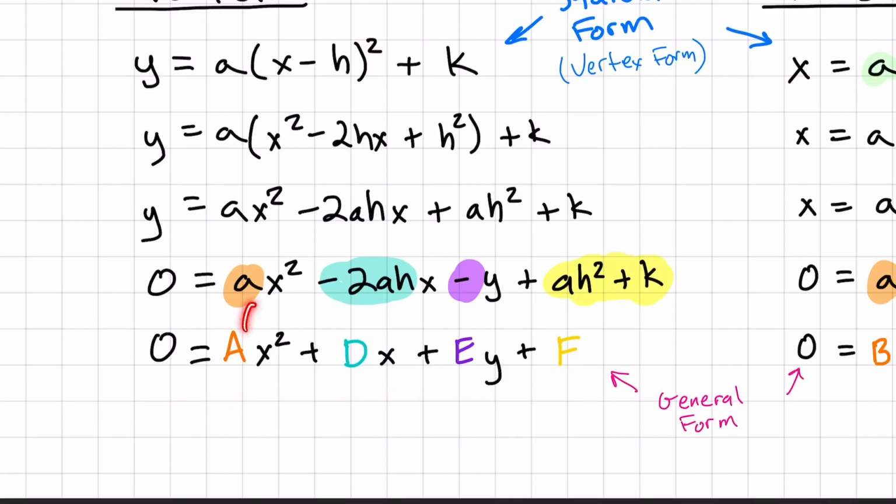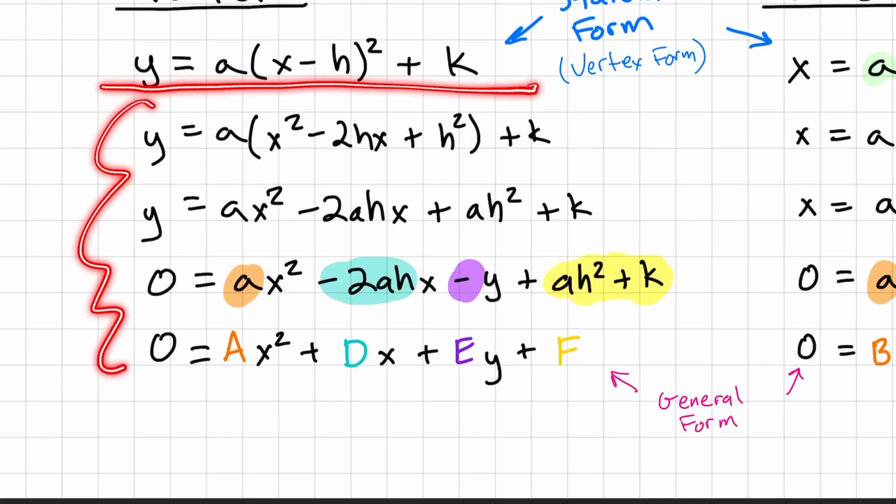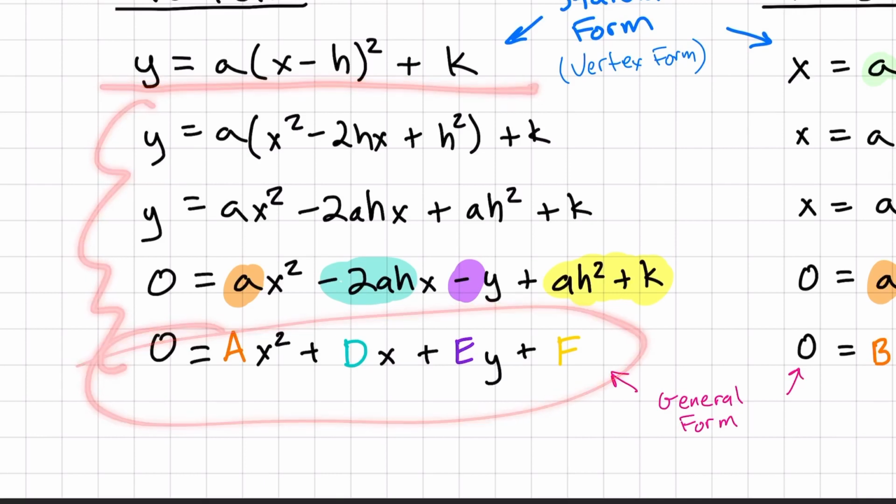Now, these relationships aren't things you need to learn or remember. That's not necessarily a hard and fast relationship between these lowercase and uppercase letters. The point here is that I can have something in standard form, expand it, combine like terms, and end up with something in the general form.